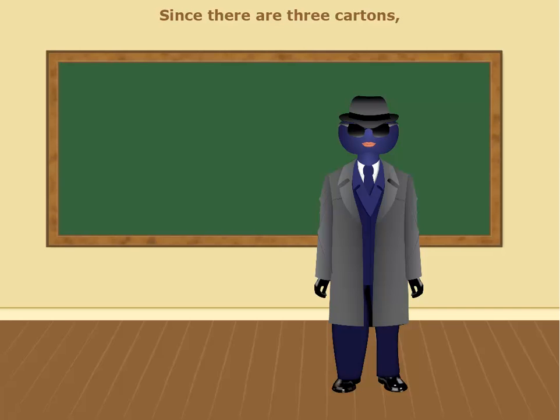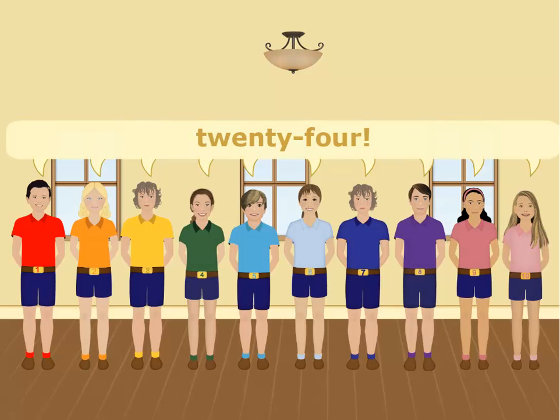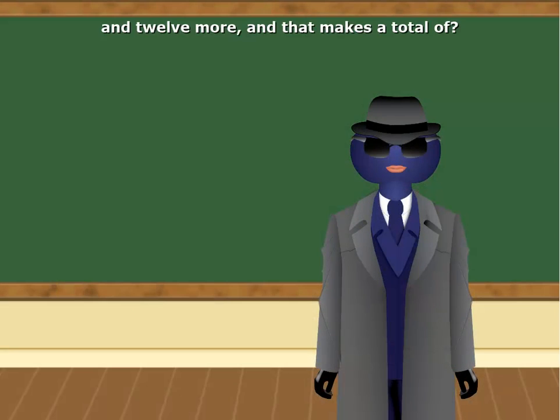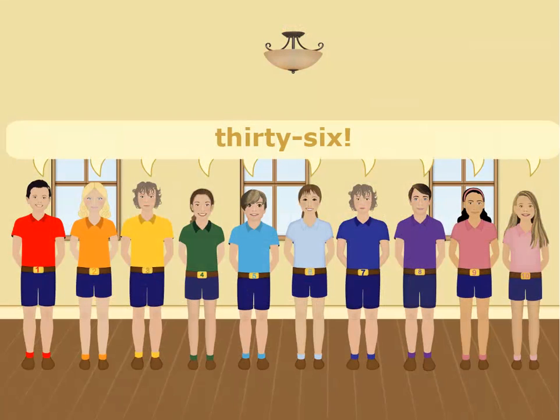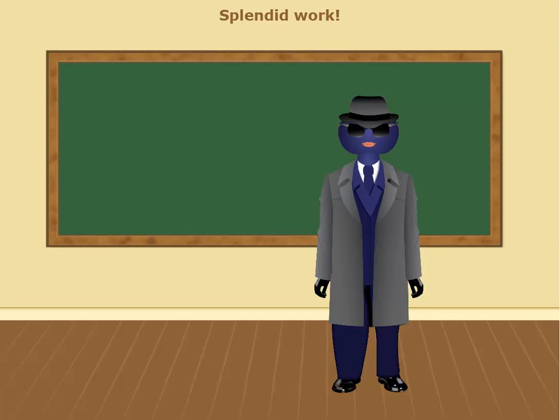Since there are 3 cartons, 3 is the maker, and he makes 12, who is doing all the work, add his number 3 times. 12 plus 12, which is 24. And 12 more, and that makes a total of 36. Splendid work.